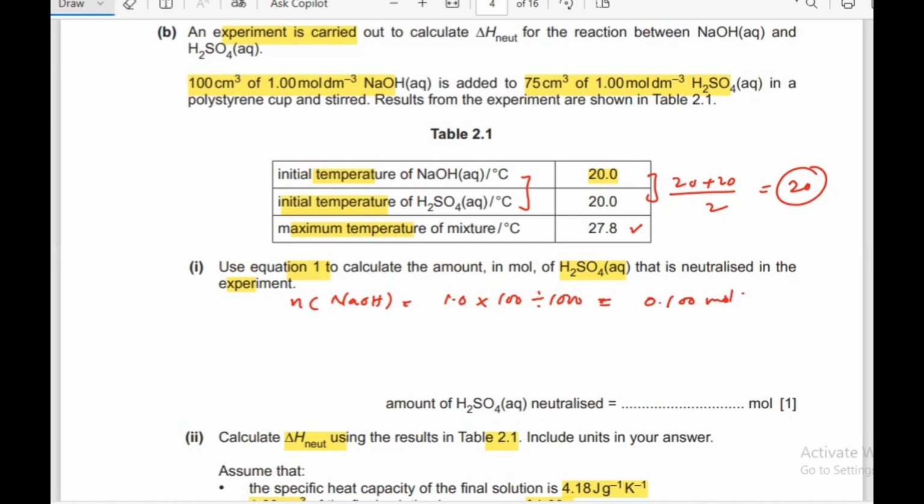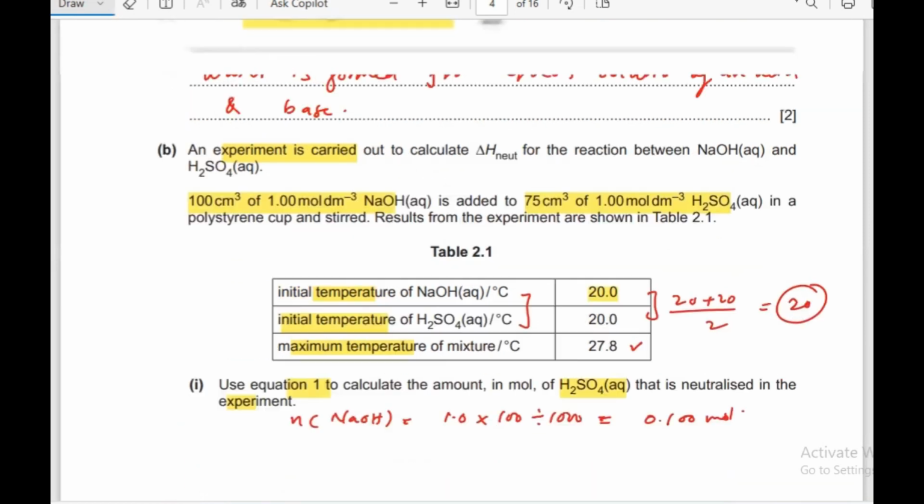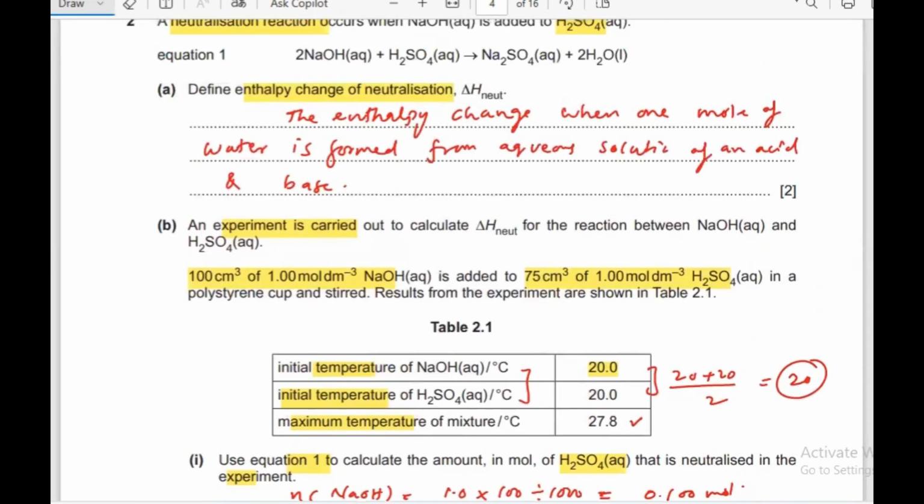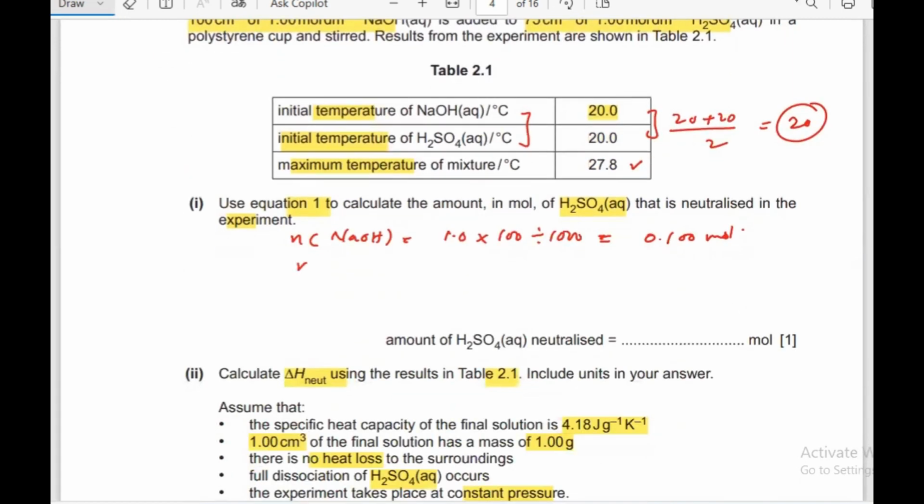If we look at the reaction, it happens in a 2:1 ratio. So 2 moles of sodium hydroxide can neutralize 1 mole of sulfuric acid. So if we want to find the moles of sulfuric acid, just make it half.